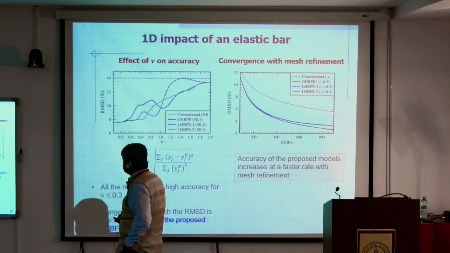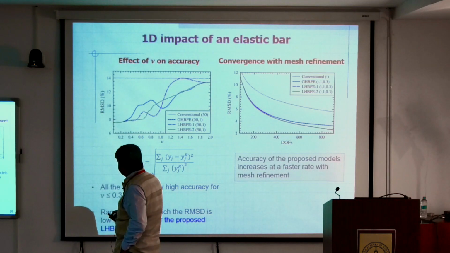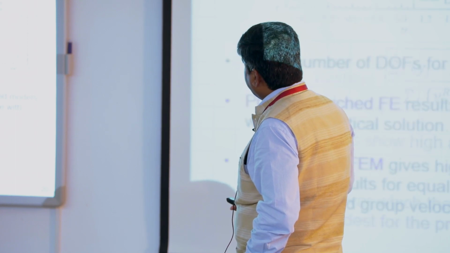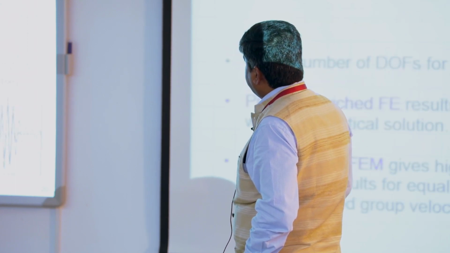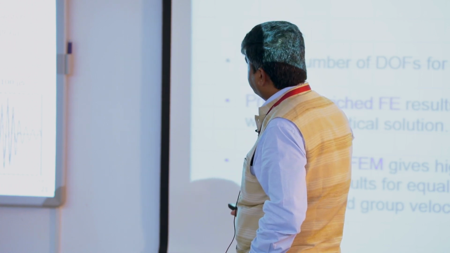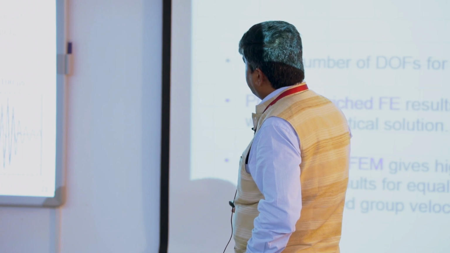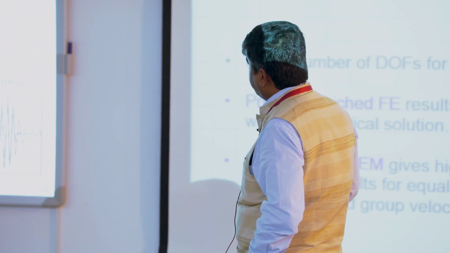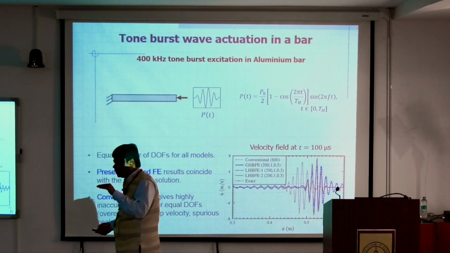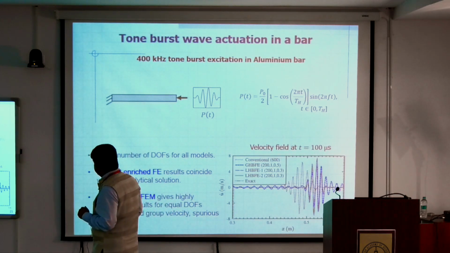What we have to see is the convergence. We are getting extremely good convergence for the green one. Then if you take the narrowband solution that I was talking about, a tone burst, which is a narrowband excitation used for structural health monitoring problems, you see that the conventional finite element is far away with this degree of freedom.